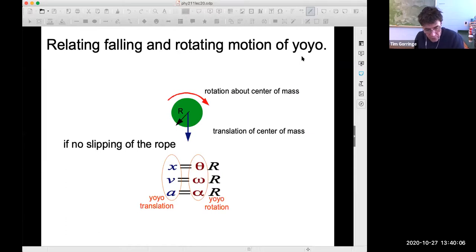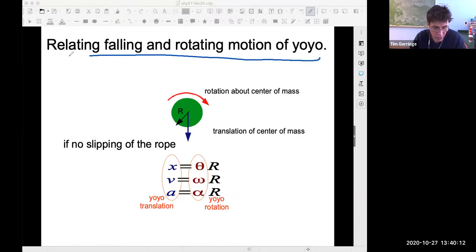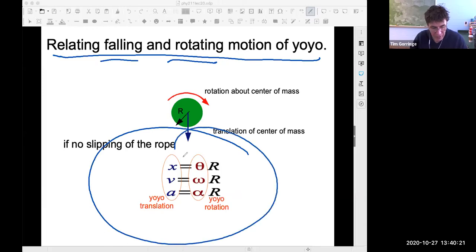Again, the rotational motion of the yo-yo and the translational motion of the yo-yo, the falling motion and the rotating motion, are related to one another. They're related by this set of equations that we've met several times now. We met them in the last class, and we're meeting them in this class. They correspond to when the rope or the string does not slip or slide on the yo-yo.